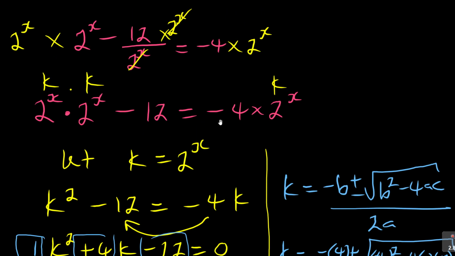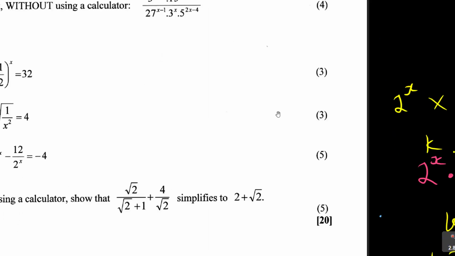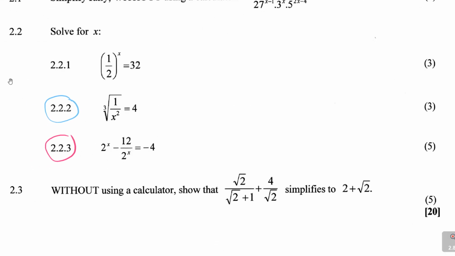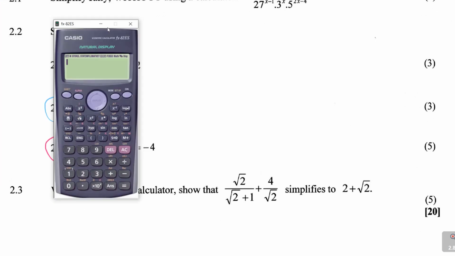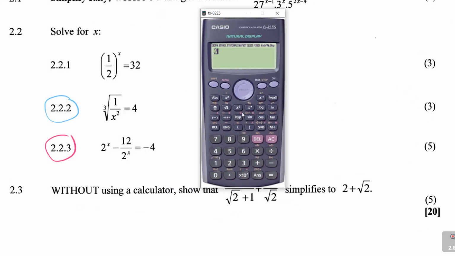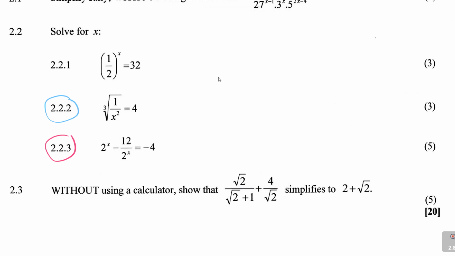Now, the question was solve for x. You can test it here: where there is x, you put a 1. So what will you have? You will have 2 to the power of 1 minus 12 over 2 to the power of 1 equal to, it must give us a negative 4, which is correct.